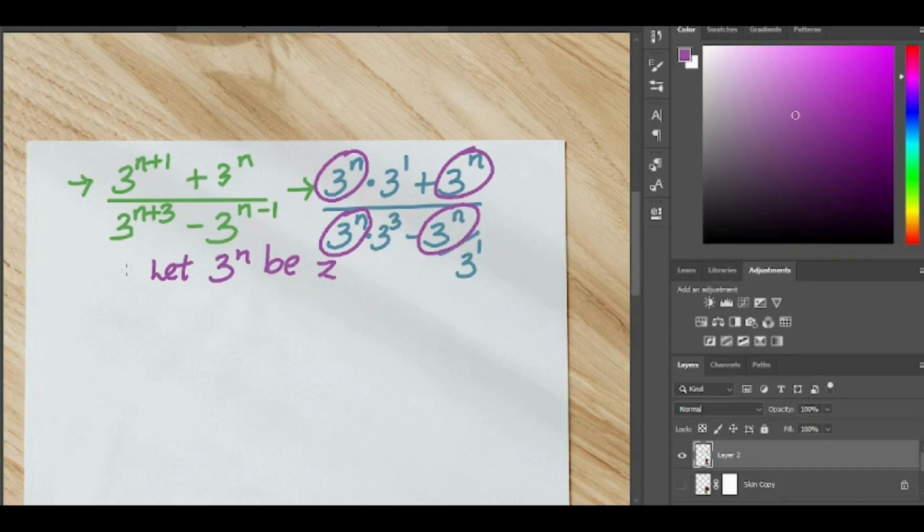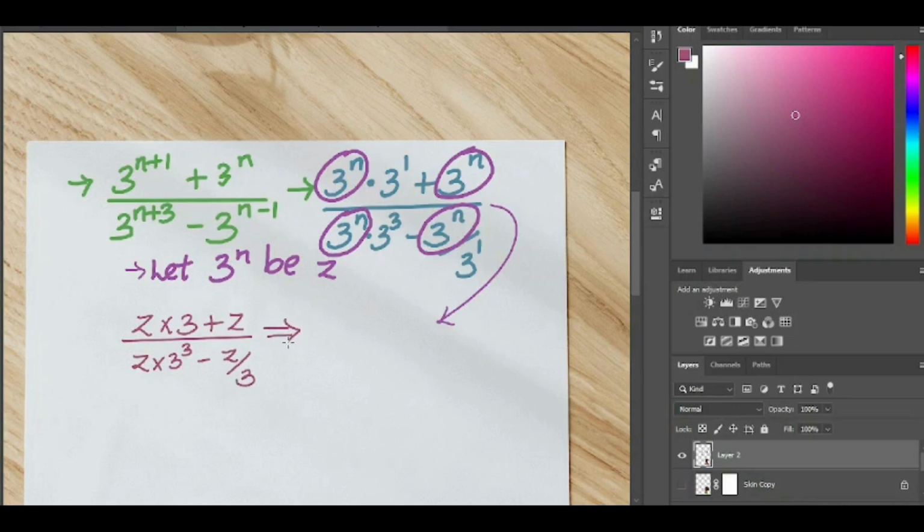So where there is 3 to power n we put z, and then this question is going to read: z multiplied by 3 and then plus z, and then the whole thing over z multiplied by 3 cubed and then minus z divided by 3.